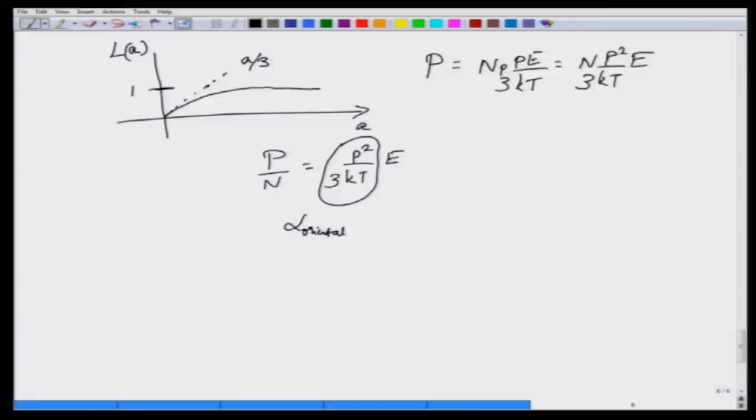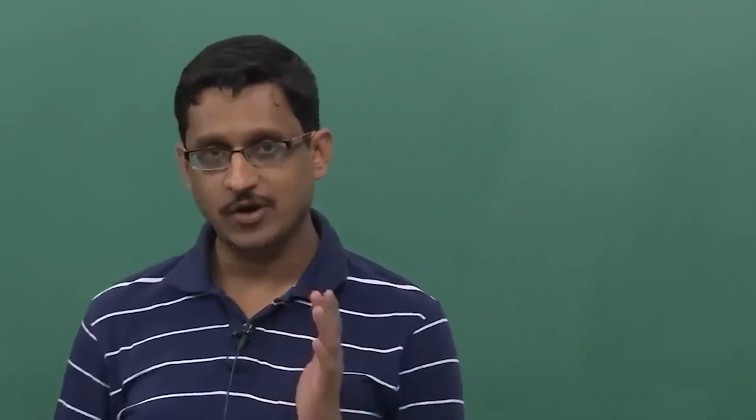This alpha orientation, or the orientational polarizability, is inversely proportional to T. As T increases, alpha orientation decreases, and remember, alpha orientation was the polarizability in a particular direction. The orientational polarizability tells how easy it is to induce the polarization, and as temperature increases, this goes down, indicating that it is not so easy to align the molecules.